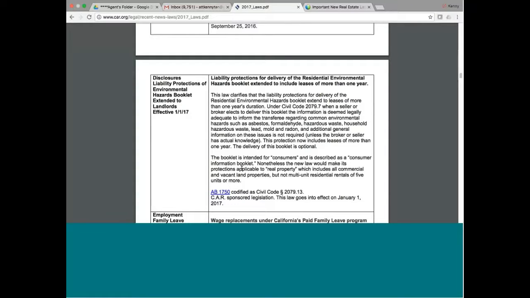Now think about the environmental hazards that exist on a residential property. Well, if the property was built pre-1978, then there may be risk that the paint that was used contained lead. So lead is an environmental hazard that might exist on a residential property.